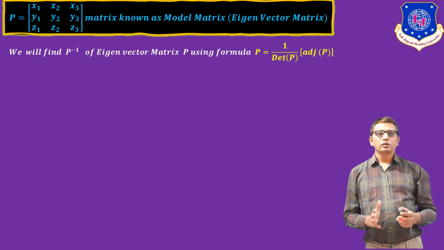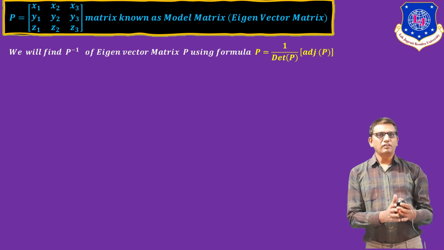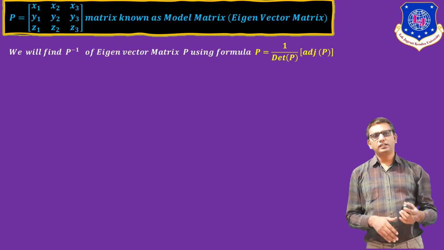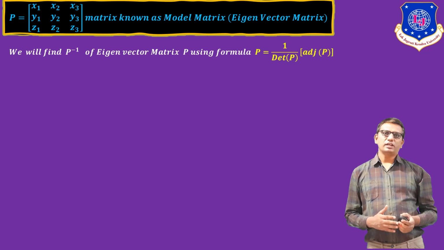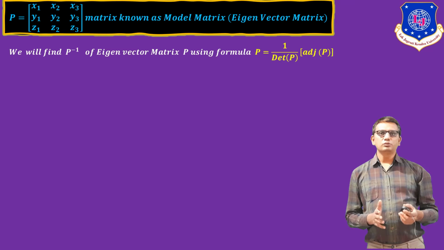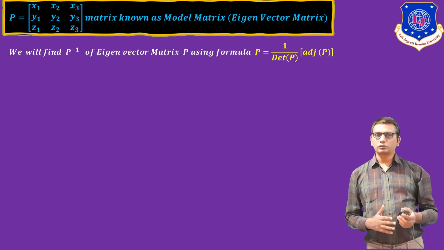So it's the cofactor of every element, and then we take the transpose of that cofactor matrix, which is our adjoint of P. Suppose we are taking the cofactor of x1, so it will be the subdeterminant of y2 y3 z2 z3, and calculate it. Here x1 is in the first column and first row, so it is positive.